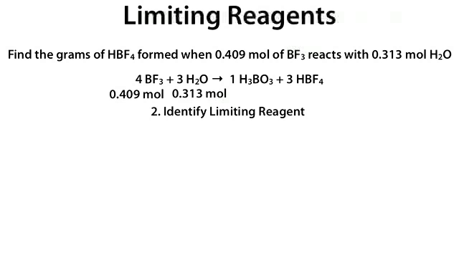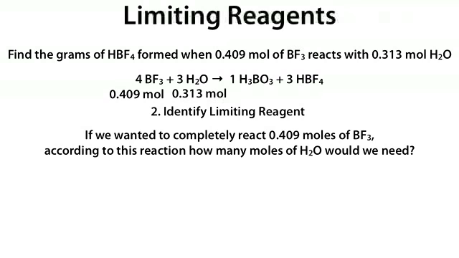Step 2. Identify the limiting reagent. Again, we're going to ask each reactant a question and find out which reactant is the limiting reagent. So I'm going to pick BF3 and ask: if we wanted to completely react 0.409 moles of BF3 according to this reaction, how many moles of H2O would we need?